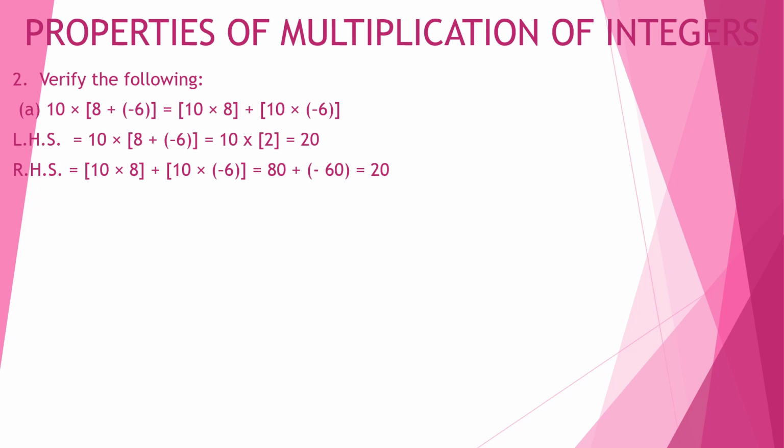Now 10 into 8 is 80 and 10 into minus 6 is minus 60. And 80 plus minus 60 will give me 20 because I am adding a positive integer and a negative integer. So I have to take the difference and the answer will have the sign of the integer which has bigger absolute value. Now left hand side is equal to the right hand side.